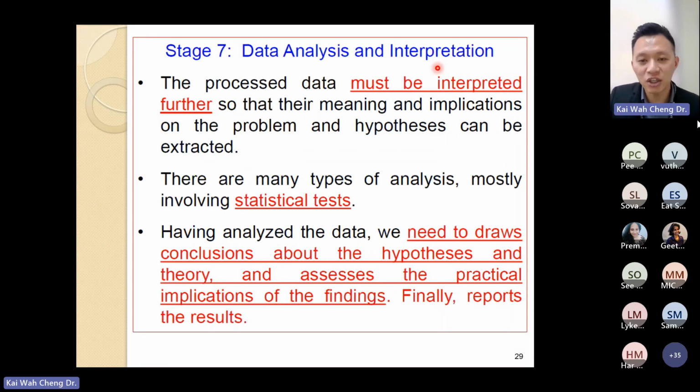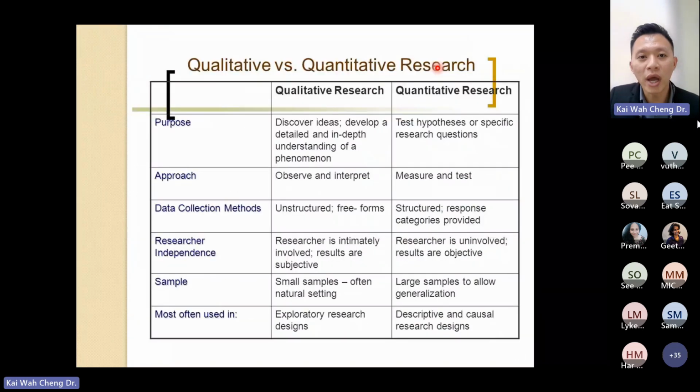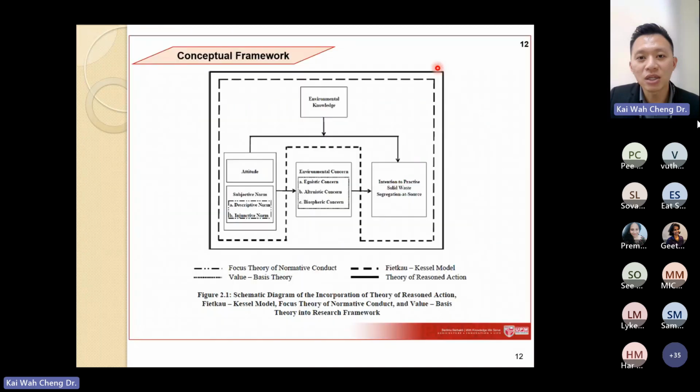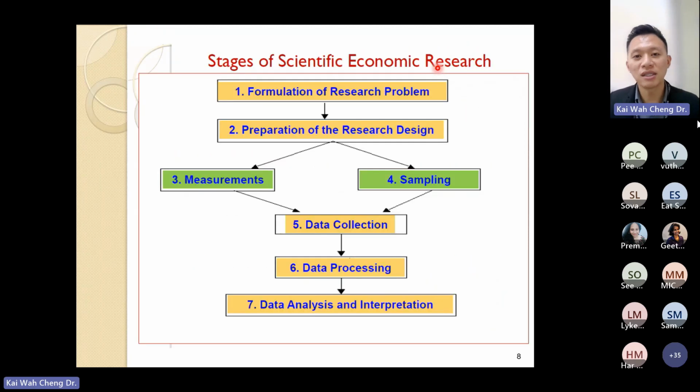For the 7 stages that you should know when you prepare the research design, this is the recap for everyone. Number 1, all research should start from research problems. If there is no major or observable research problem, that means the research is meaningless, because the main reason for us to conduct research is to solve problems.